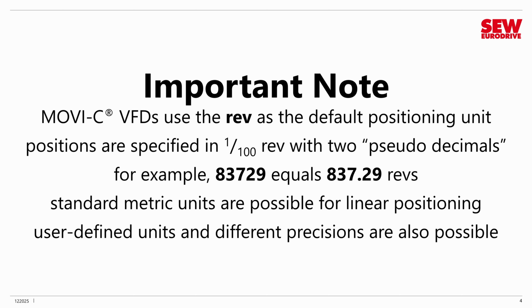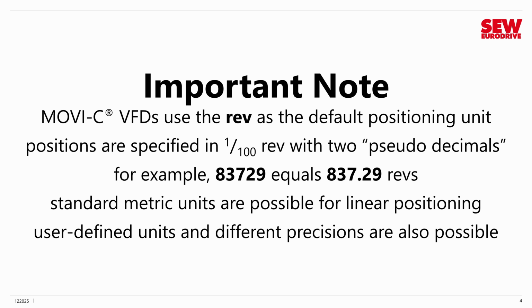Instead, you give them an integer, and you just have to remember where the decimal point is. So, for example, if you want to tell your VFD to position the motor to 837.29 revs, you give it the number 83,729. The VFD knows there's a decimal place between the 7 and the 2, and it acts accordingly. Don't let this throw you. If you forget about that imaginary decimal point, you're going to have some problems.